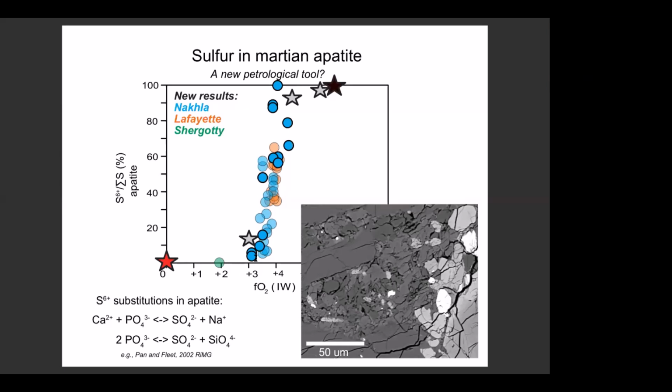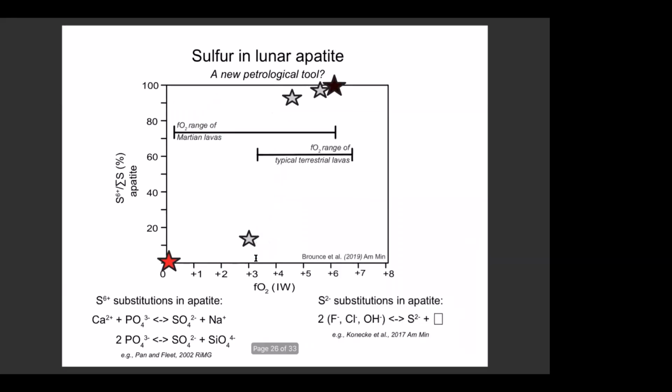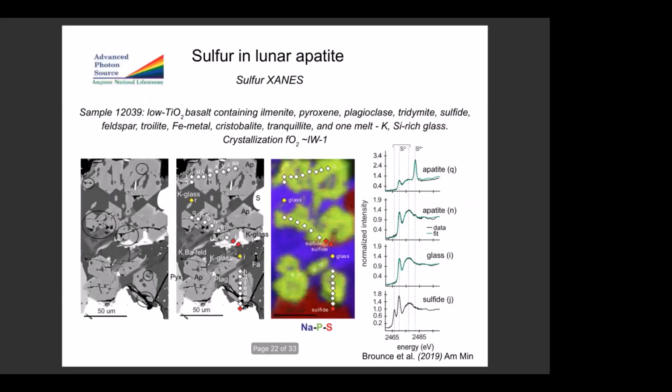Hi, great talk. Thank you. I realized that you're trying to assign the sulfur species basically based on the edge energy, but it's been pretty generic, like you say, this is a sulfide versus a sulfate. But in some cases, when you have sulfur bound to a transition metal, you might generate a low energy pre-edge.